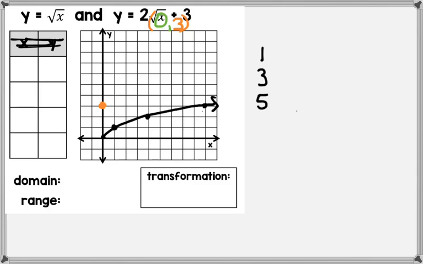And then we're going to look at that 1, 3, 5 pattern. This time, because of our a, we are going to multiply those times 2. So we have 2, 6, 10. Obviously, we're probably not going to get all those graphed. So let's follow the pattern.